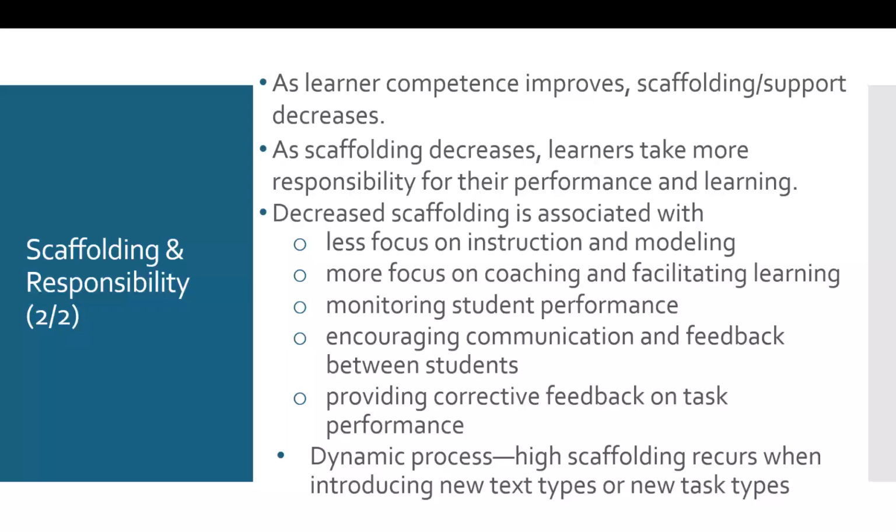But at the end, you can point things out either to individual students or just say in general, I heard some people say this, I heard some people do that, and address that, and maybe everyone benefits from that and no one feels singled out. Now, all this high scaffolding, low scaffolding thing is a dynamic process. We have high scaffolding again when we introduce some new text type or some new task type.